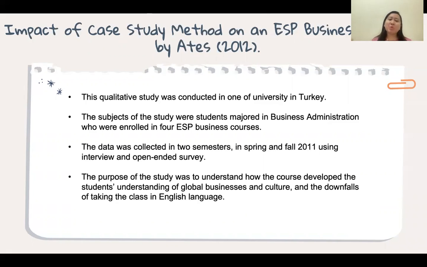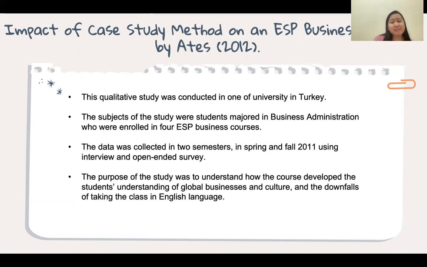So this qualitative study was conducted in one of the universities in Turkey. The subjects of the study were students majoring in business administration who were enrolled in 4 English special purpose business courses.